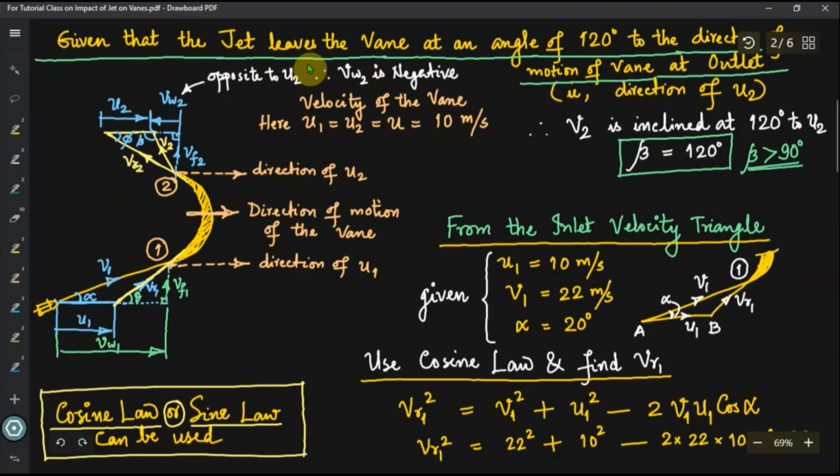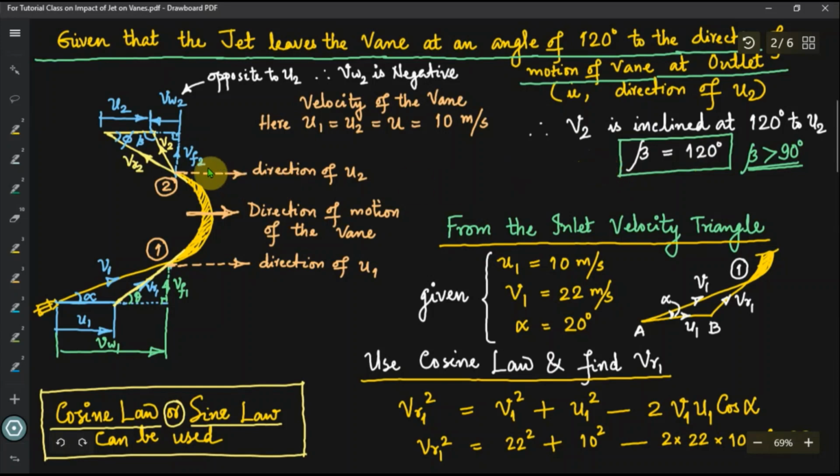The jet leaves the vane at an angle of 120 degree. So that means the inclination of the absolute velocity V2 with the direction of U2, that is 120 degree. Beta is equal to 120 degree. So here beta is obtuse, greater than 90. Obviously we know that the VW2, the whirl component of velocity at outlet, in such a case will be negative.